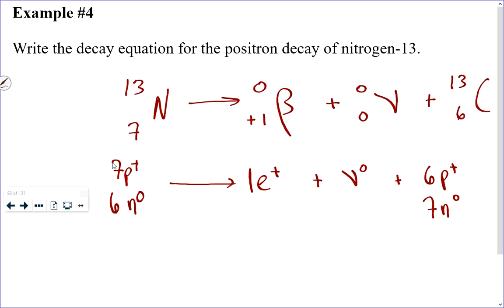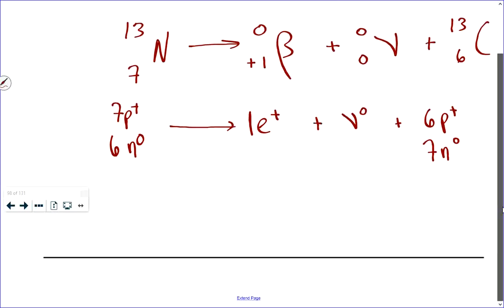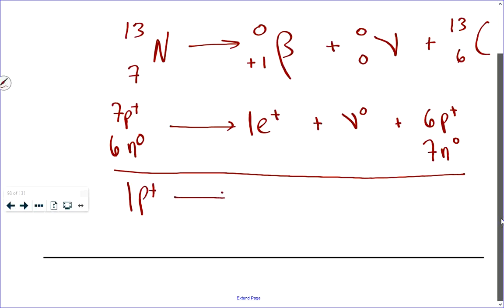That means that 6 of those protons did not change. They're still there. So the net change, this is like a net ionic reaction almost, is to say that 1 proton turned into 1 positron plus 1 neutrino plus 1 neutron.